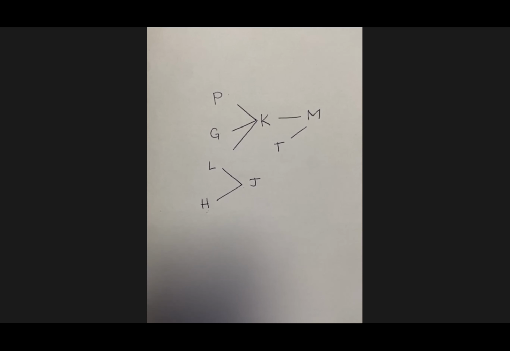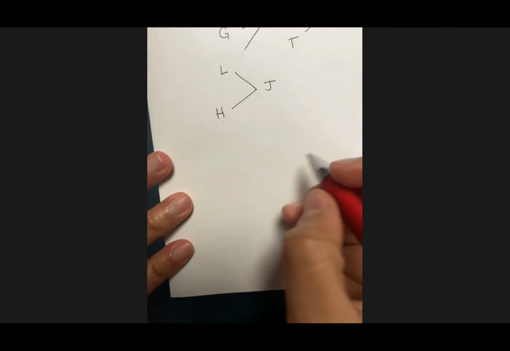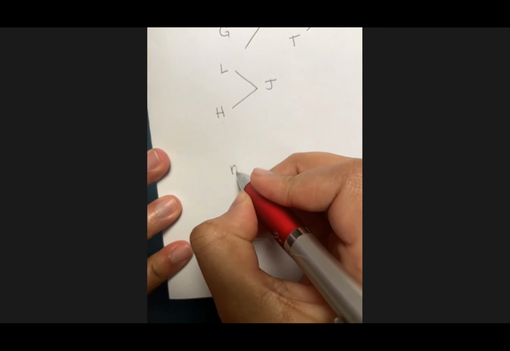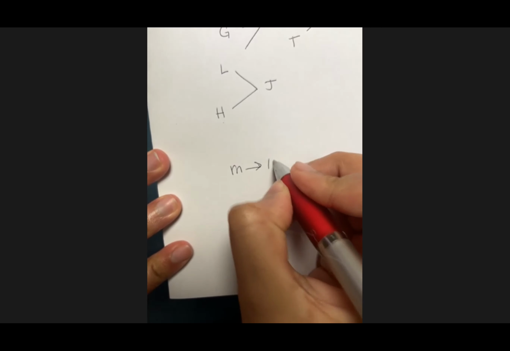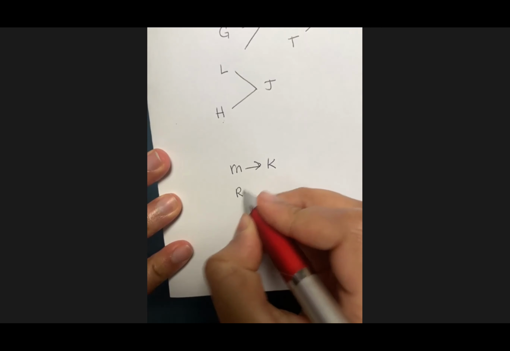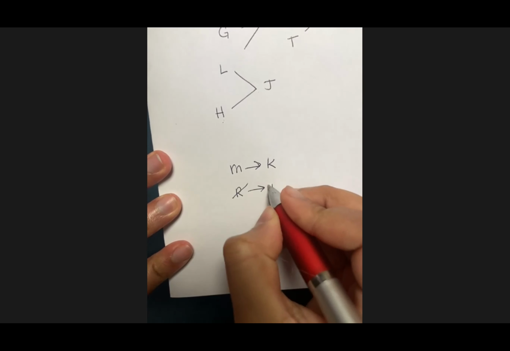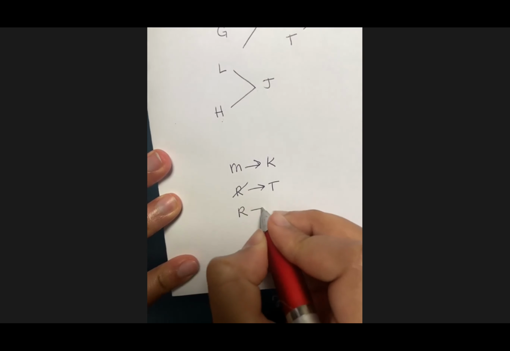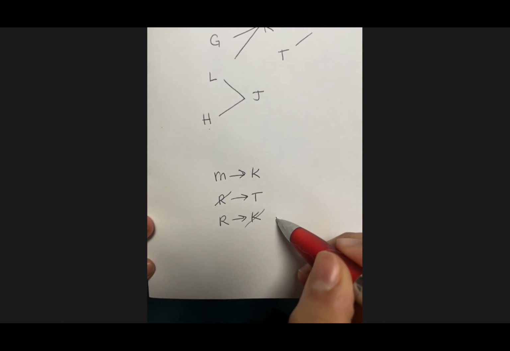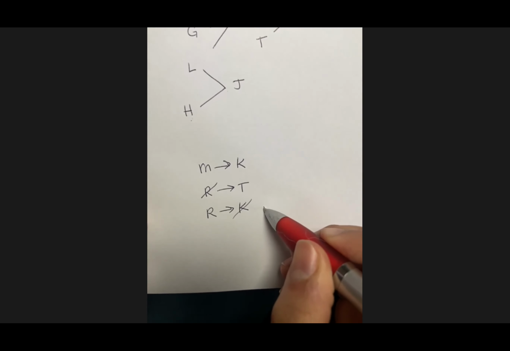So, okay, gotcha. That one was basically, these are the three statements that were given and you were asked to chain them. So if M, then K; if not R, then T; if R, then not K. A lot of times this is what it will look like when you're expected to chain statements.